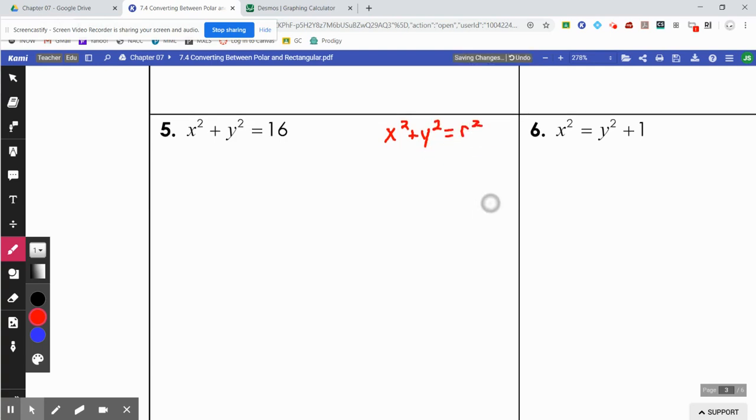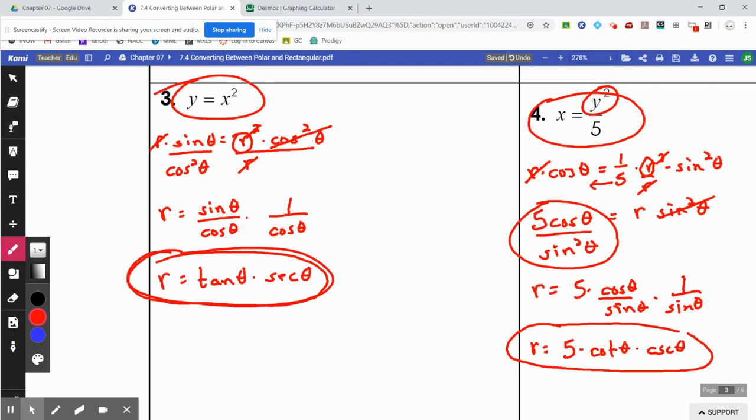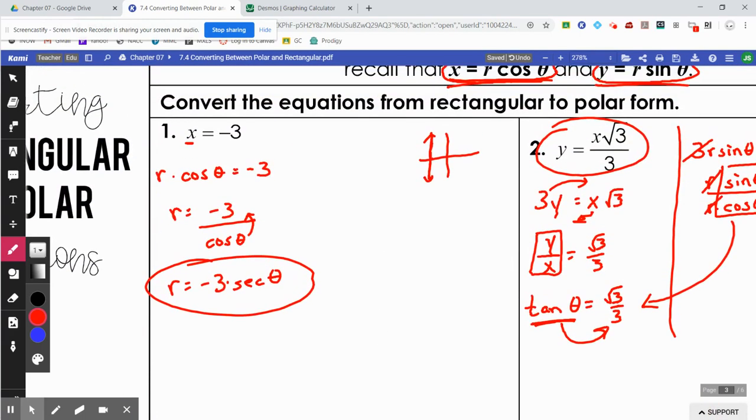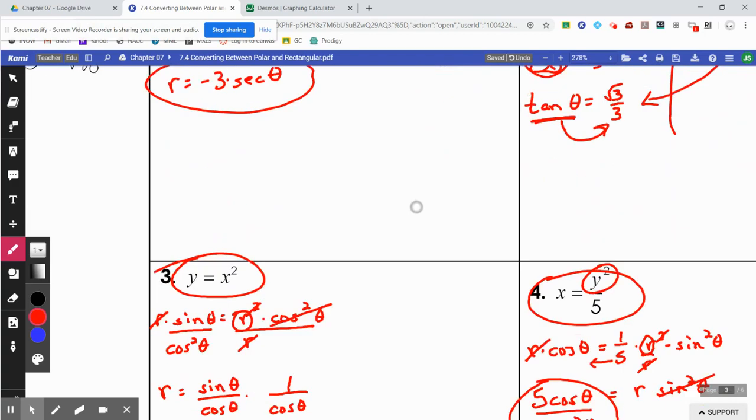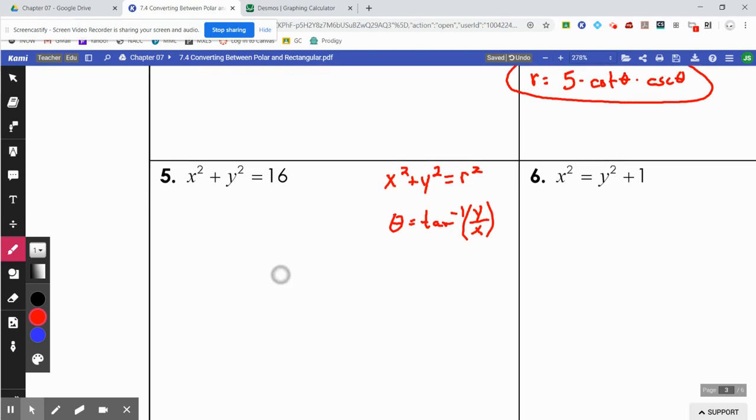The other ones that we can use are theta equals inverse tangent of y over x. We could have used that, or just y over x equals tan theta, which is actually what we used up here. We can also use x equals r cosine theta, and y equals r sine theta. So any of those 4 are useful.